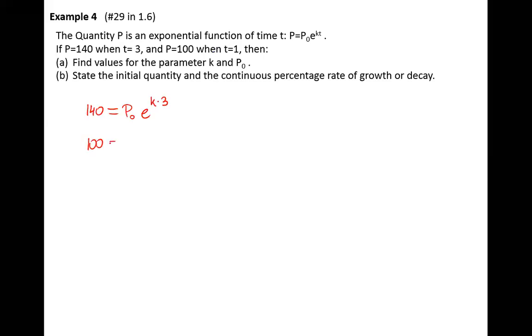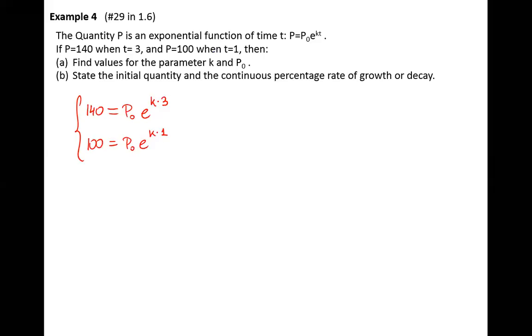If my output was only $100, investing the same amount P sub 0, with the same percent growth rate, but only for 1 year, I have a system of two equations with two unknowns, k and P sub 0.